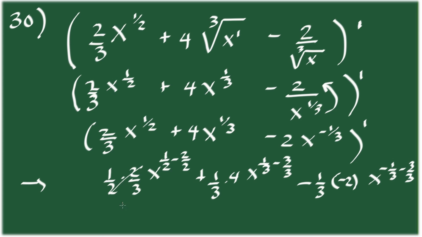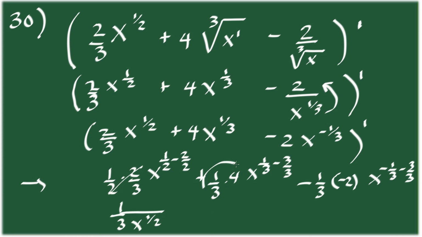So this is 1 over 3, x to the negative 1/2. I'm just going to move it down automatically here to switch the sign to positive 1/2.